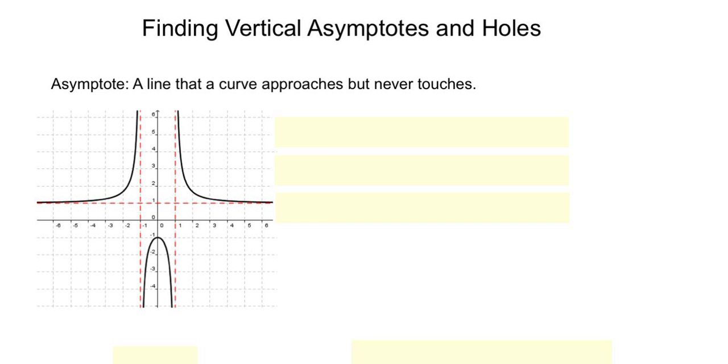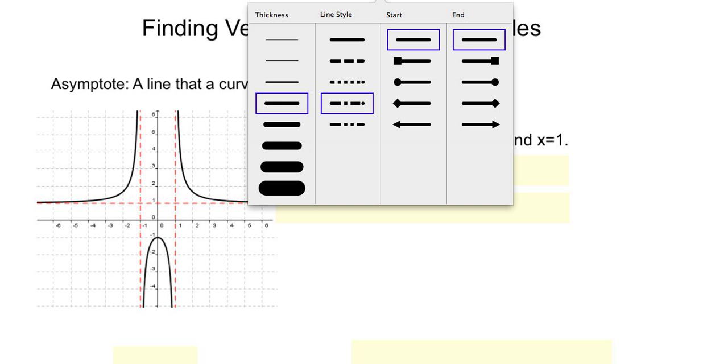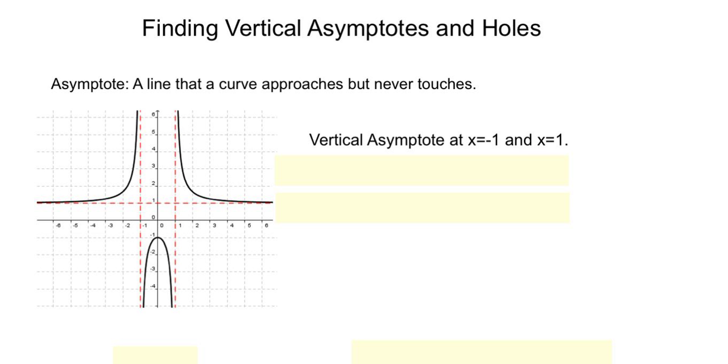So where are they? Well, the vertical asymptotes are at x equals -1 and x equals +1. X equals -1 is right here, and x equals +1 is the one right there, because you can see that's where x is -1 and that's where x is +1.